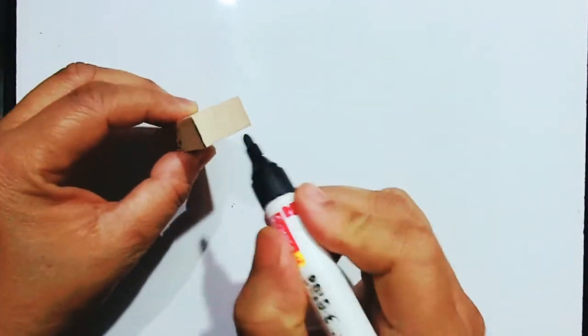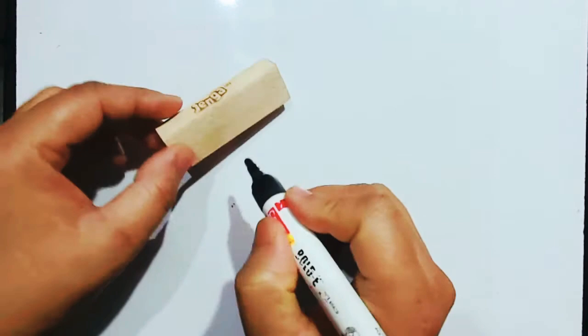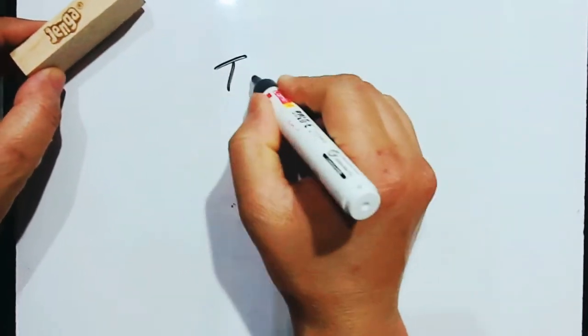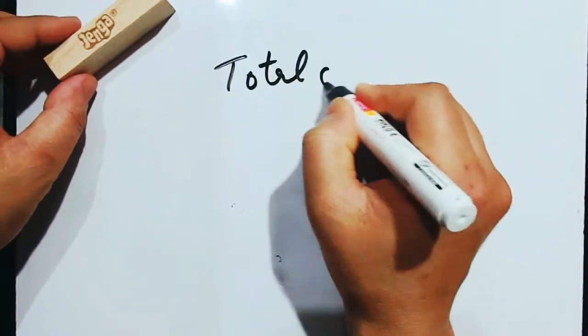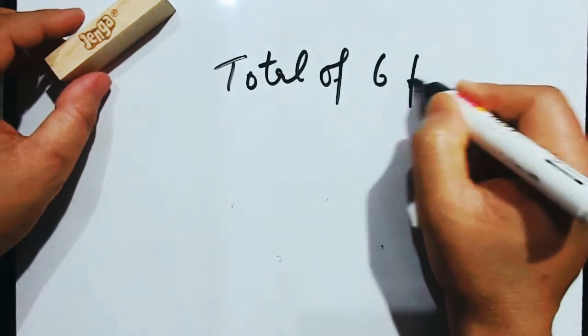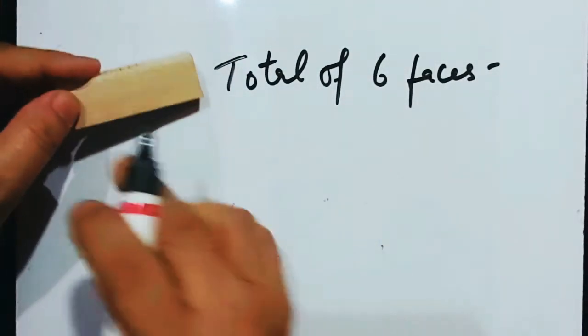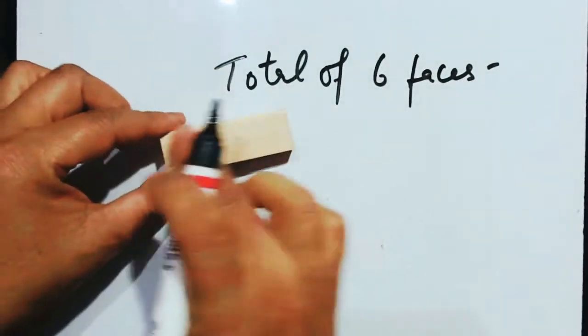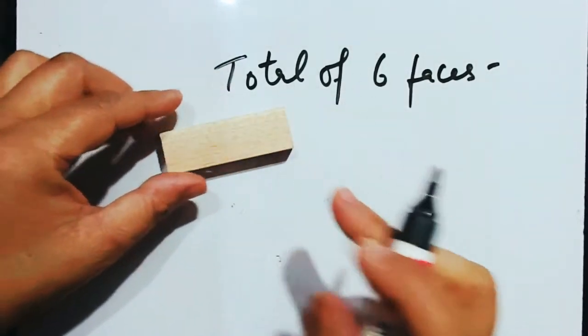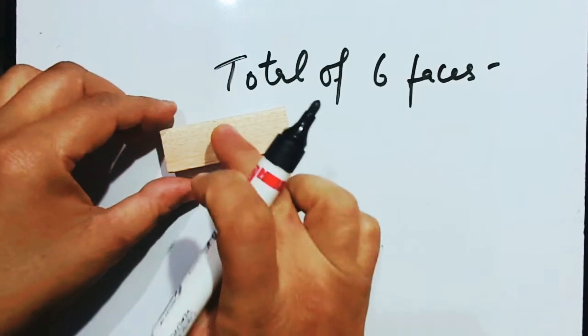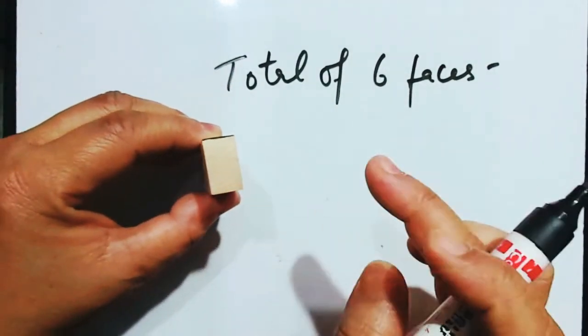Now these 2 faces and then these 2 faces. So a total of 6 faces are there. Each of the faces is a rectangle, whether it be this face or this particular face.